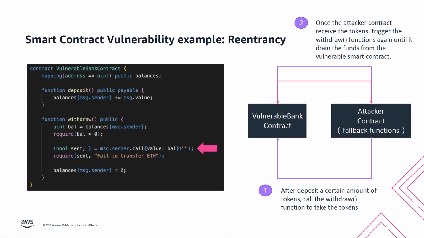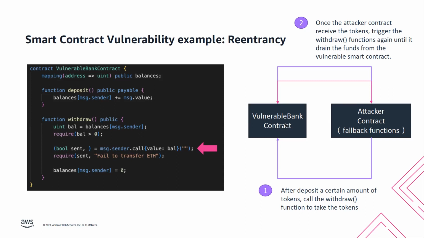As an attacker, I can develop my contract to first send money to this vulnerable contract, and then try to withdraw the money. In the code, you can see first it checks the balance. At the beginning, the balance is positive, so you are allowed to withdraw the money from this contract.